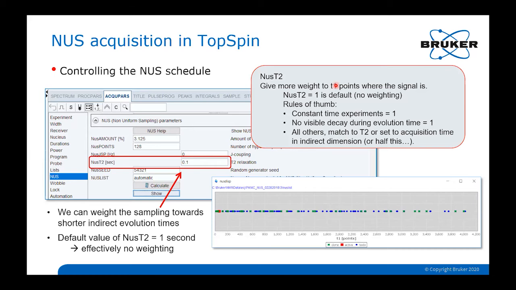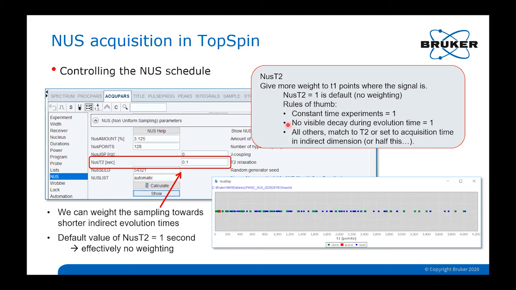So some rules of thumb for setting T2. One is that if we have a constant time experiment in that indirect dimension, we don't expect our FIDs to decay. So keeping a value of 1 is useful there. If there's no visible decay in the intensity during that indirect evolution, then there's really no benefit of doing this T2 weighting either, so keep it at 1.